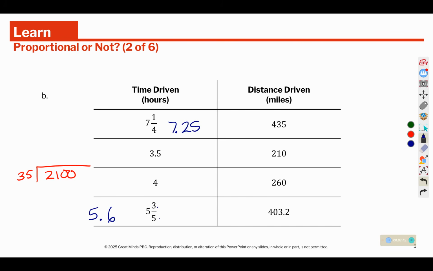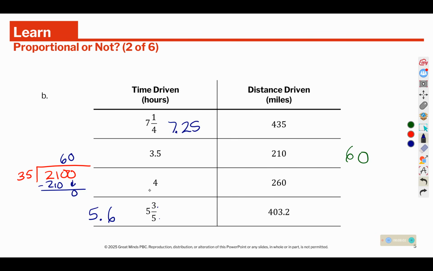And that should be 6 times. And that comes out to exactly 210. So we still bring down the 0, and we need to finish it off. This one has a unit rate of 60.